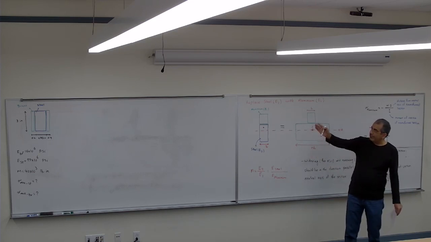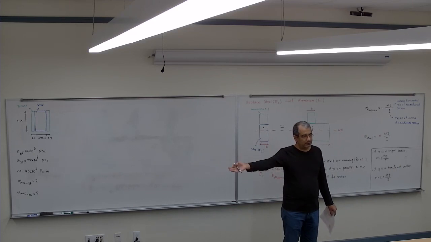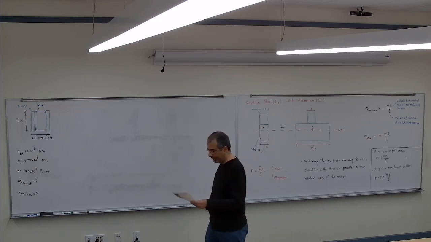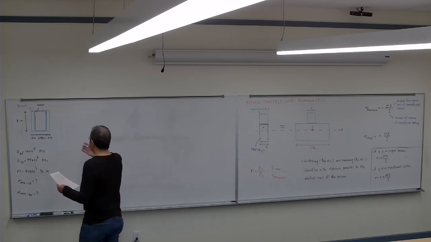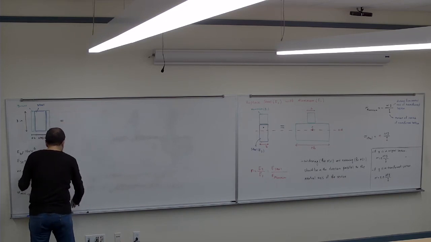So here we have the steel and brass. The easier way is to convert the entire section to brass, because brass is weaker than the steel. So if I want to convert that to brass, I want to say this is equal to completely made of brass.